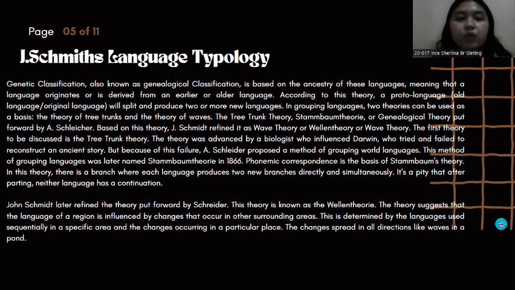The first theory to be discussed is the family tree theory. The theory was advanced by Schleicher, who was influenced by Darwin and tried to reconcile an ancient story. Phonemic correspondence is the basis of Stammbaum theory, a branching theory where each language produces two new branches directly and simultaneously, such that after parting, neither language has a continuation.